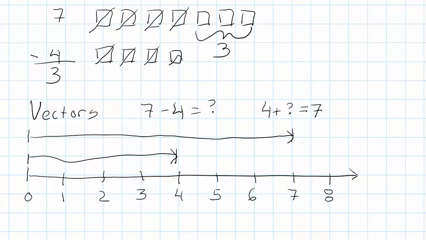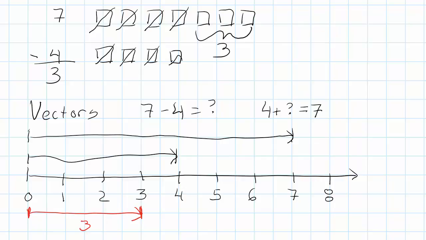So what we need to add on is this vector. What is that? Well, if we pick up the red vector and we move it to start at 0, we see that this is the vector 3.